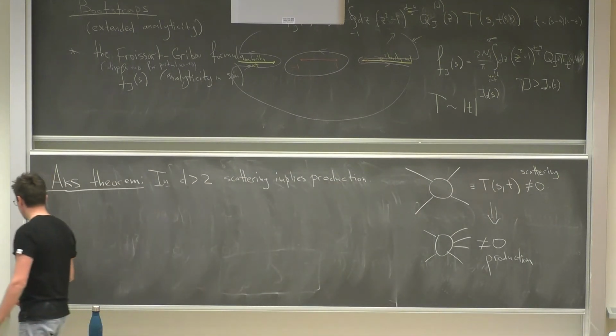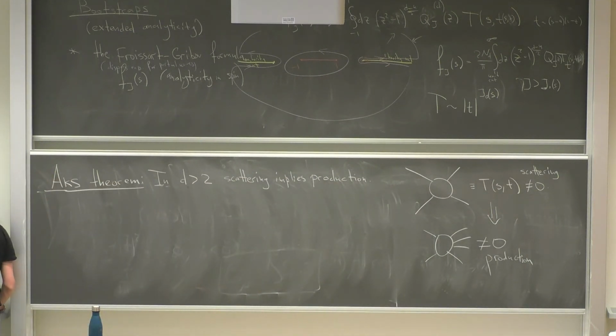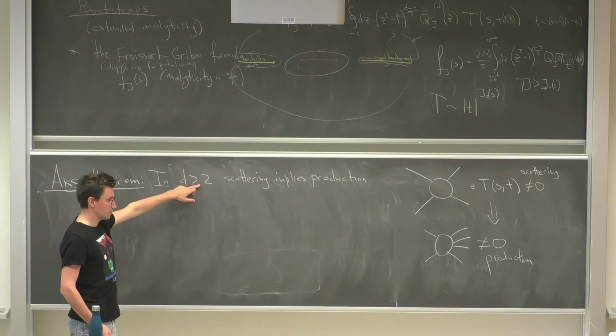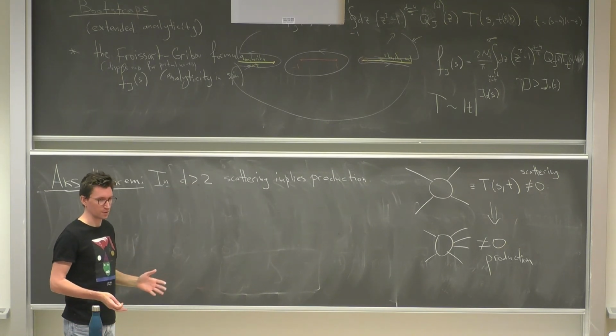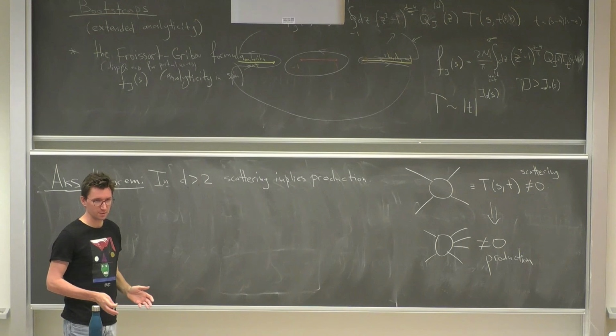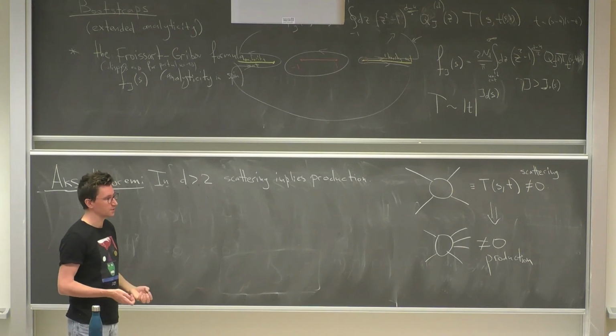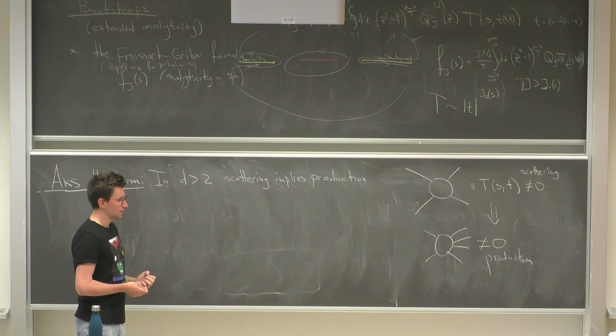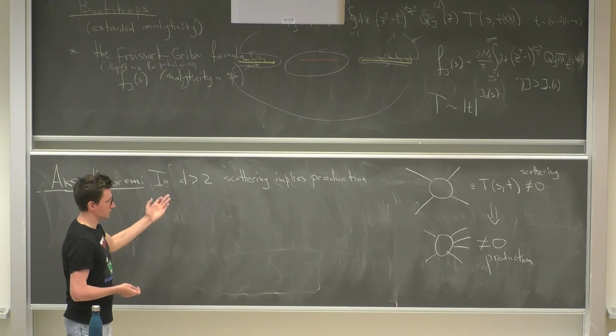Now, D larger than 2 is important because if you consider the number of space-time dimensions being 2, then in fact there are counterexamples, and these are integrable theories. Integrable S-matrices in 2 dimensions are theories where you have scattering, but you do not have production. However, in D larger than 2, this is not possible.